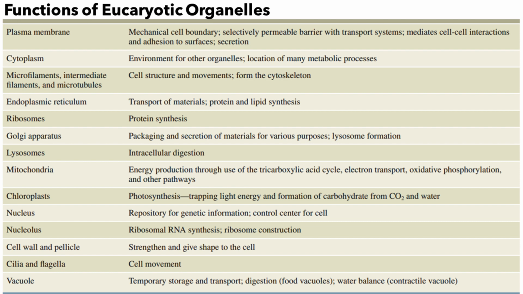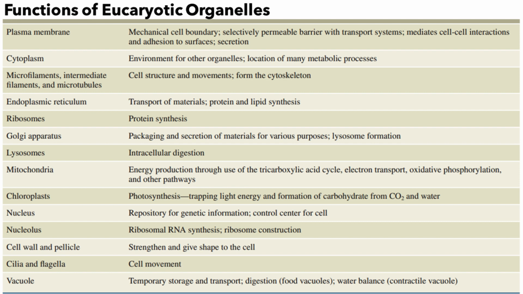Chloroplast. It is used for photosynthesis, trapping light energy and formation of carbohydrate from CO2 and water. Nucleus. Its main function is as a repository for genetic information and control center for the cell. Nucleolus.